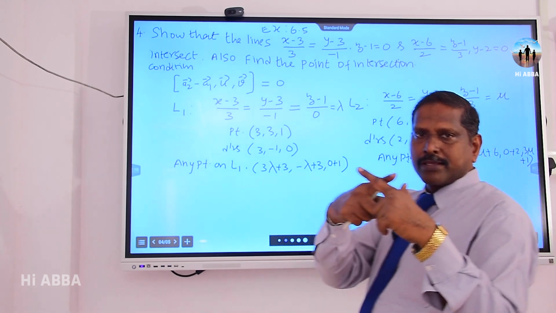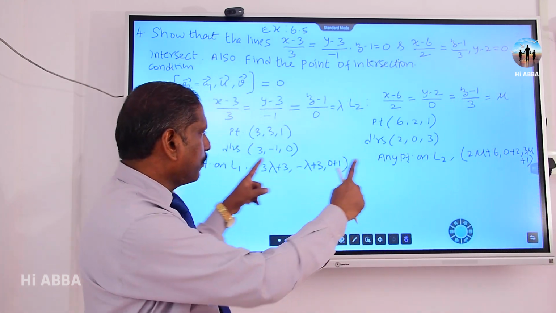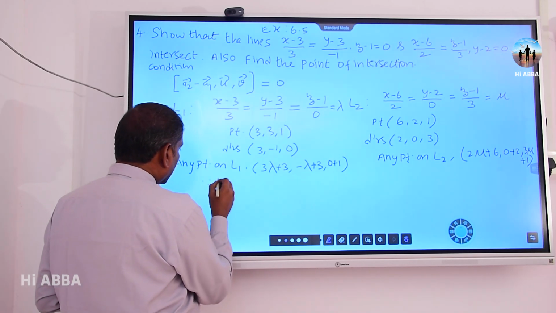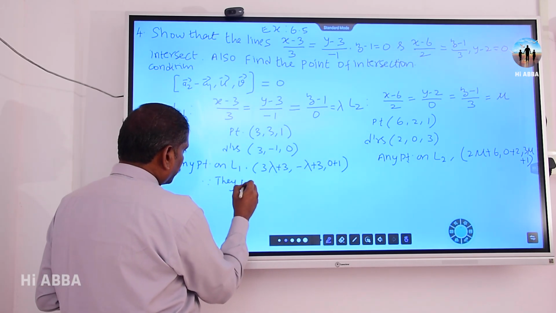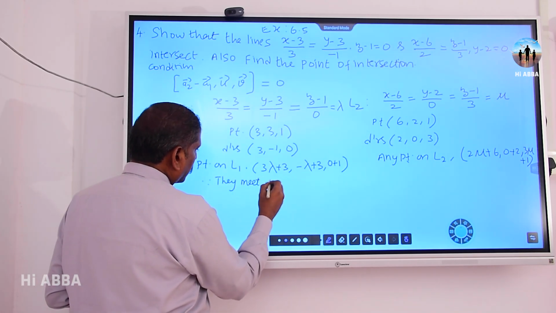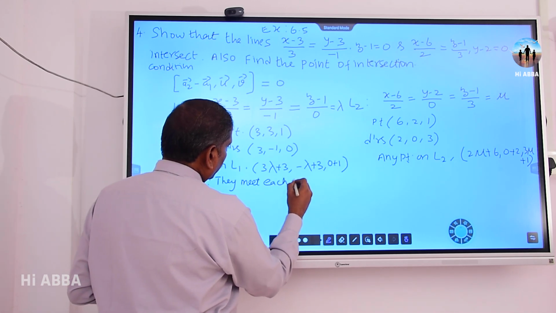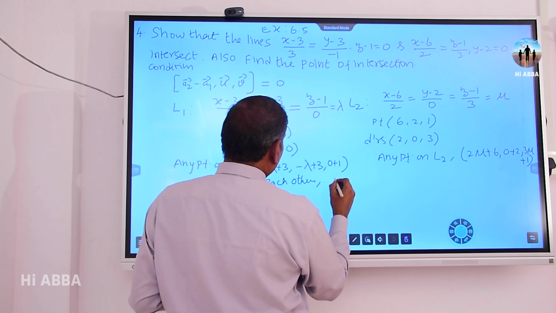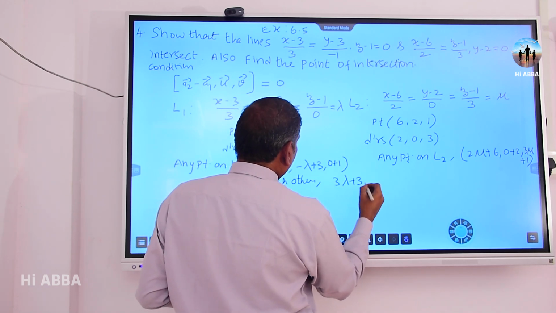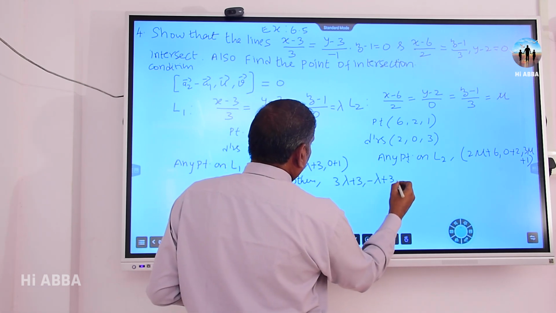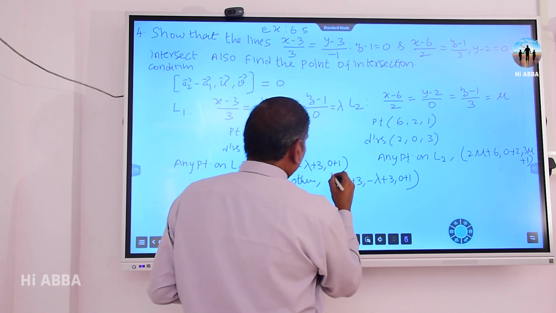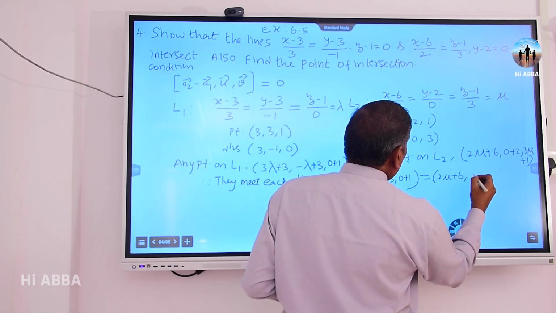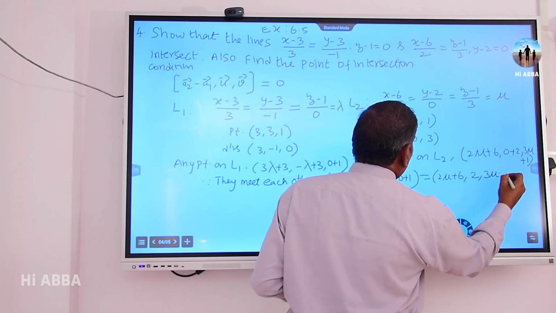As they meet each other, these two become unique or the same. So I equate both: 2 mu plus 6, and 3 mu plus 1.